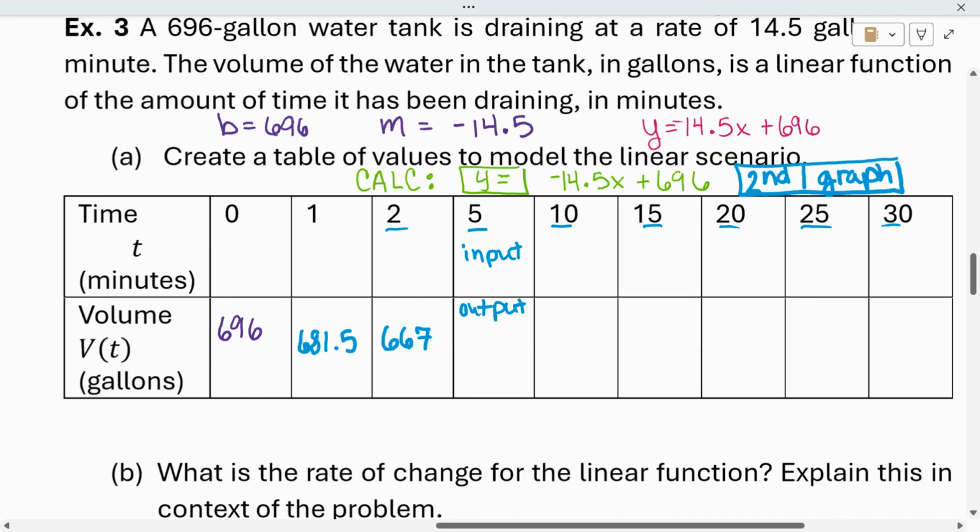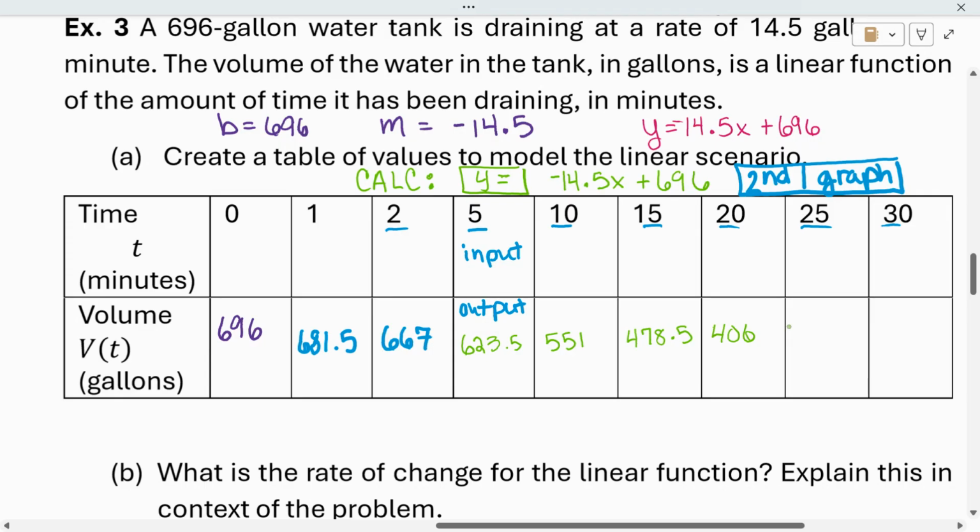So when I let x equal 5, my output is actually 623.5 gallons. When x is 10, my output is 551 gallons. When x is 15, my output is 478.5 gallons. When x is 20, my output is 406 gallons.